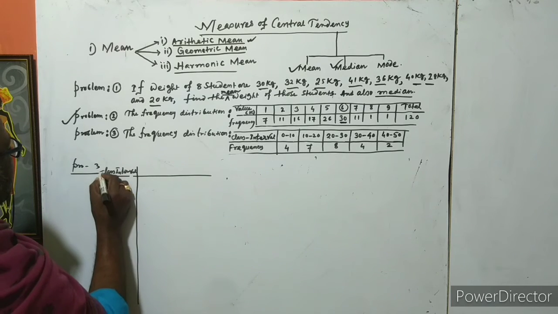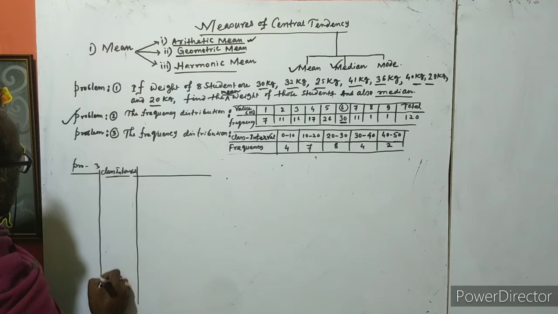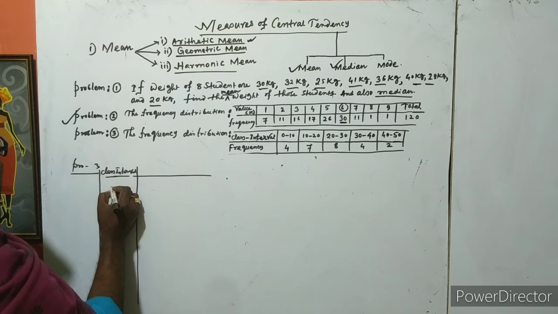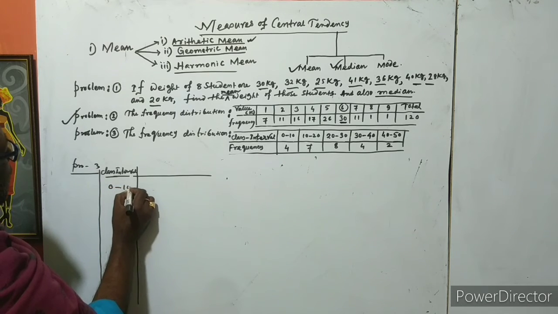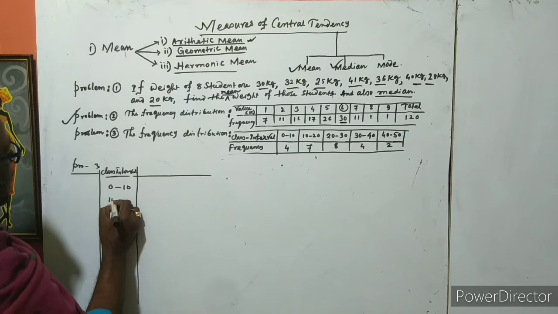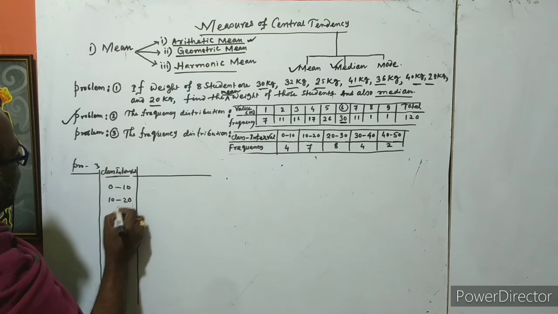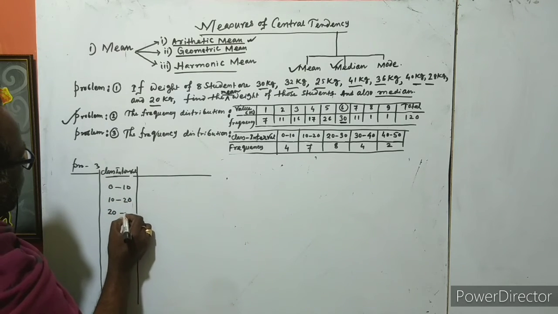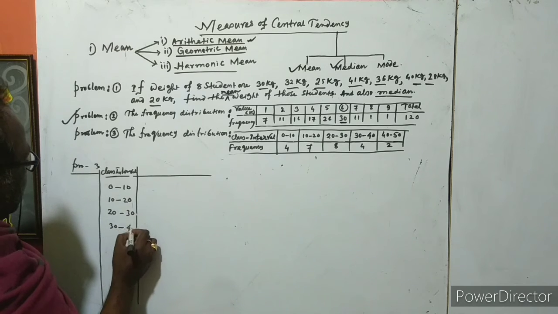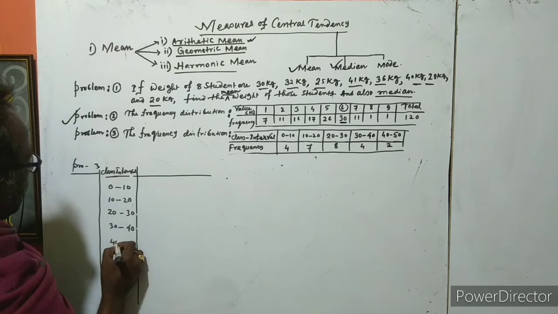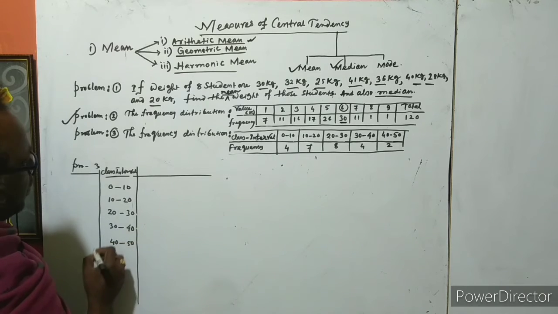So that is 0 to 10, then 10 to 20, then 20 to 30, then 30 to 40, then 40 to 50.